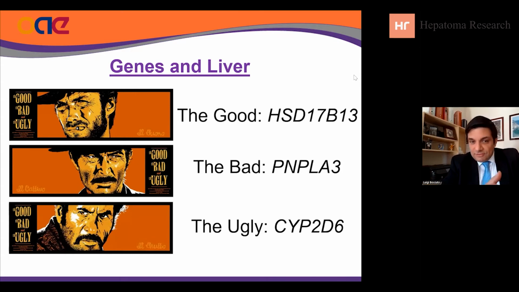Why did I pick these? Of course, there is a citation, the famous Italian movie, but we will see how these genes really represent a paradigm of different potential effects of gene variation on the liver metabolism.